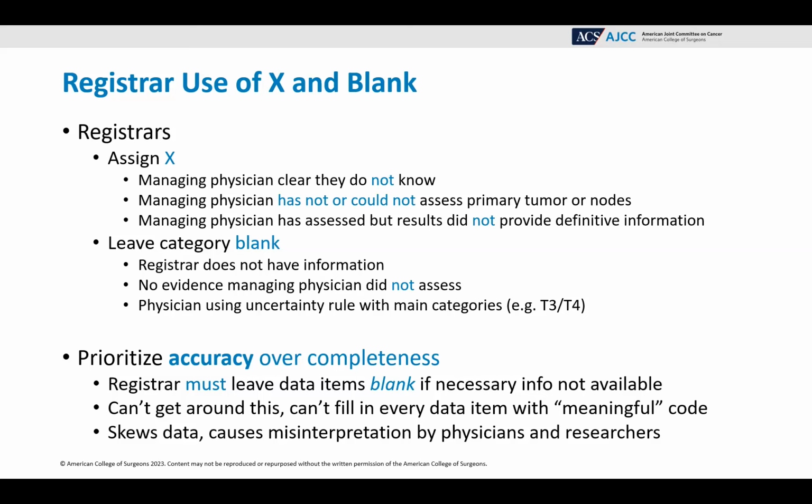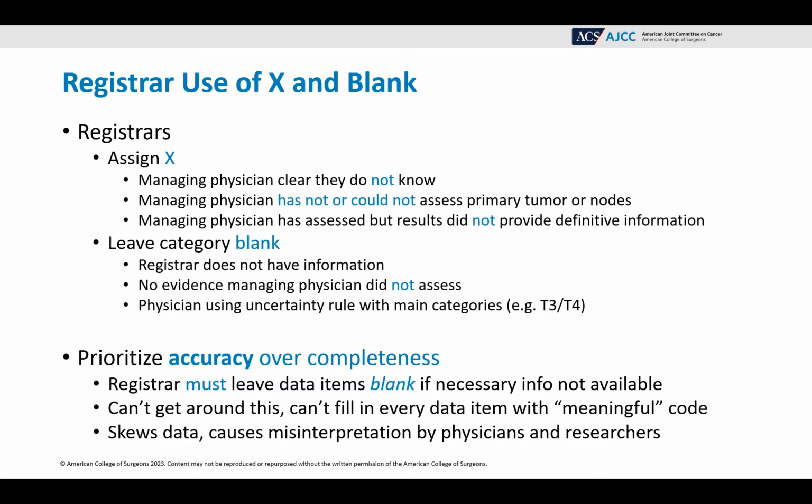So even if the managing physician doesn't say TX or NX, if it is clear from what they documented that they don't know, they don't have that information, or they did not or could not assess, then the registrar can assign X. You don't always have to find exactly that letter written in exactly that way. Registrars have enough knowledge and information to be able to read the physician documentation and perform that critical thinking and understand what it means.